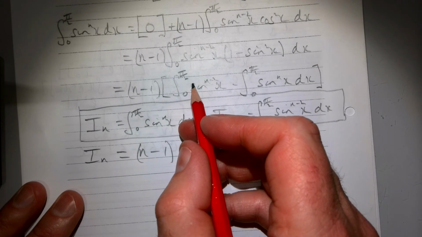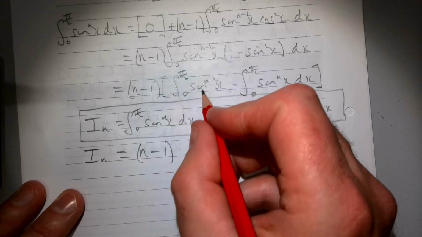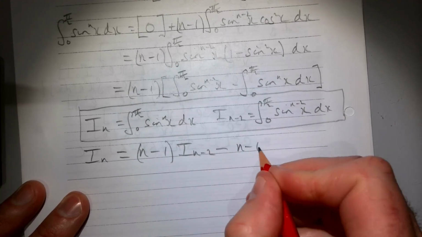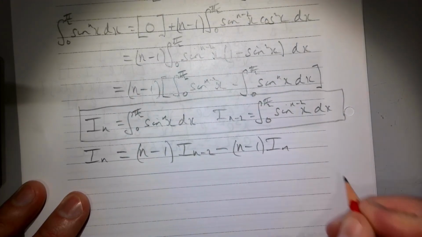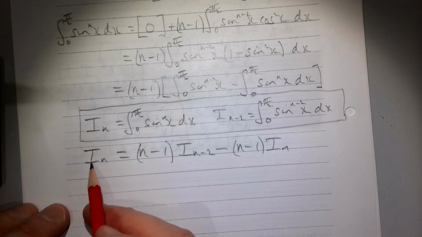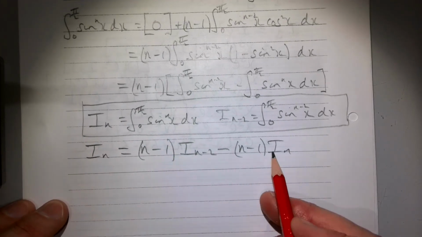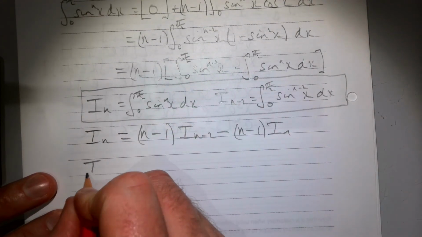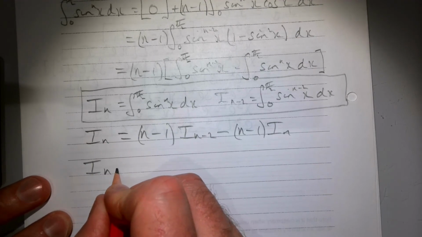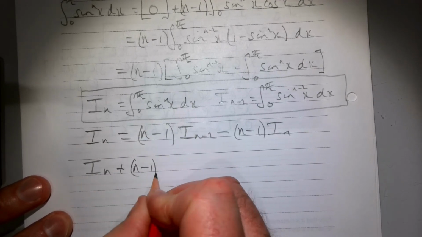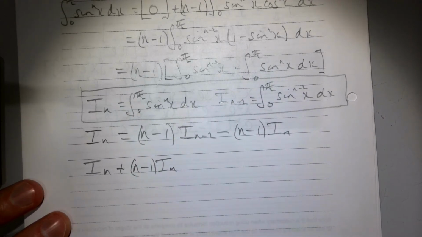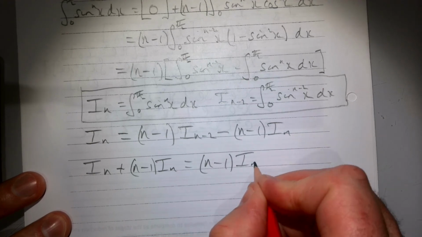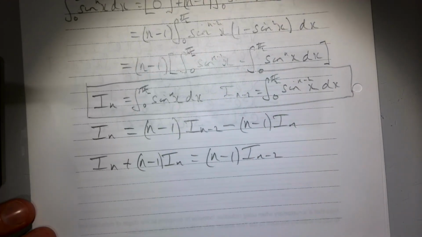N minus 1, multiply with our brackets again, I_(n minus 2), take away n minus 1 I_n. We're trying to work out our reduction formula, so we need the I_n on its own, so we're going to take this over to this side. So we have I_n plus n minus 1 I_n equals n minus 1 I_(n minus 2).